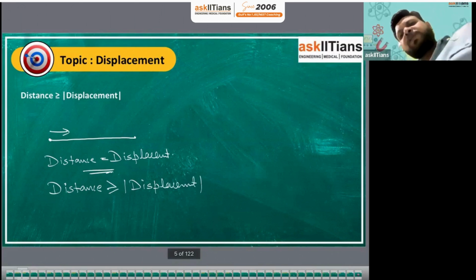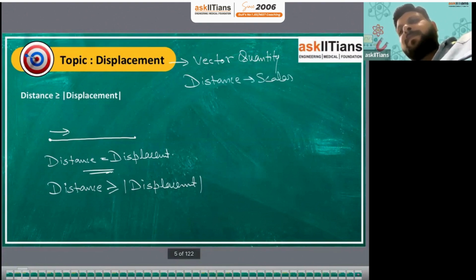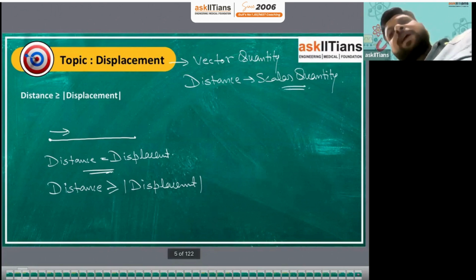Now you may be confused about why we have taken mod. Mod means we are not considering the sign of displacement, since displacement is a vector quantity and distance is a scalar quantity. So what is a scalar and what is a vector?